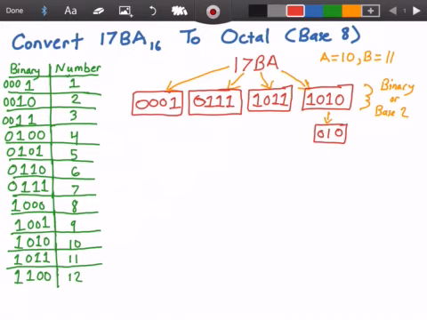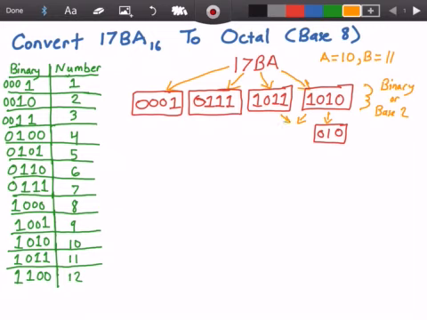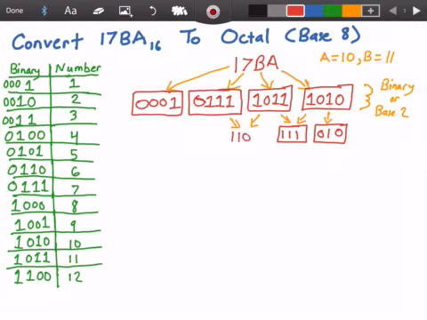I will explain why we're only using 3 bits when we're done. Next we take that 1 from over here and these 2 1s from over here, and we get 1, 1, 1. Then we take the 1 and the 0 from over here and the 1 from over here, and we get 1, 1, 0.